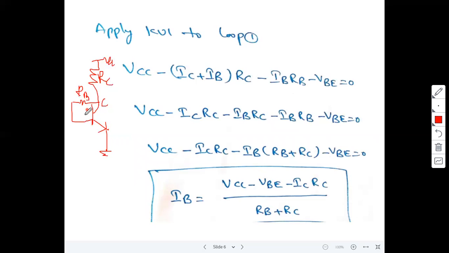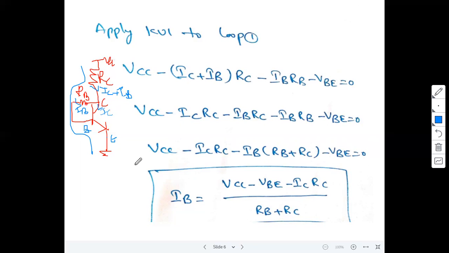This is RB. Now apply KVL to this loop, same as the previous condition, with the base to emitter voltage. The current flowing through RC is IC plus IB, the current through RB is only IB, and the current entering the transistor is IC.